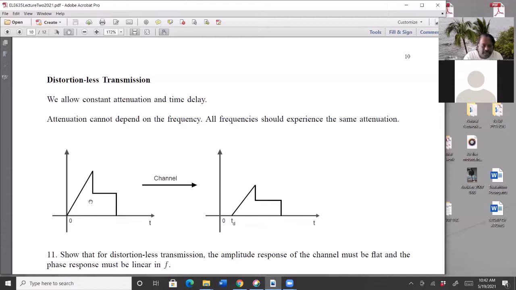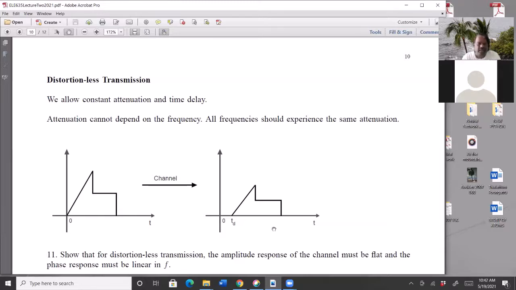But if this triangular portion gets multiplied by half, but the rectangular portion gets multiplied by a quarter, two different numbers, then we are screwed. So distortionless transmission means constant attenuation and no screw-up with the time delay. The time delay is always the same.